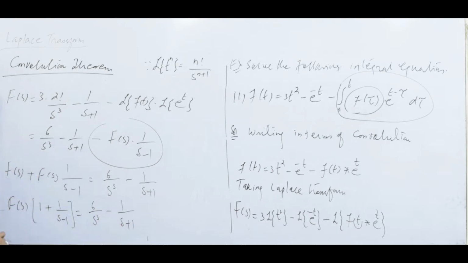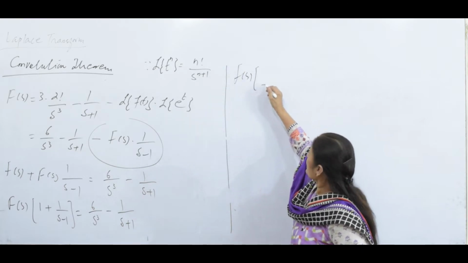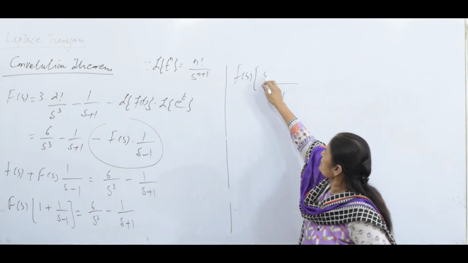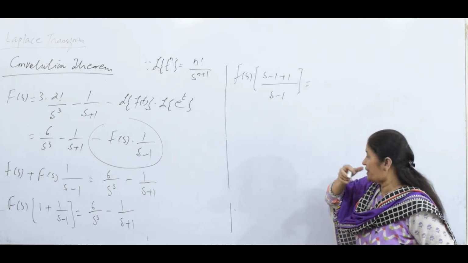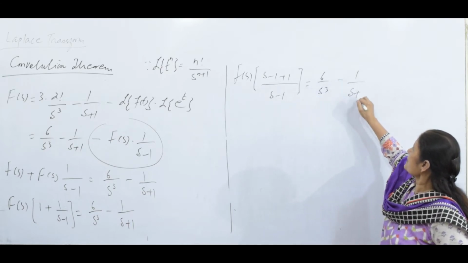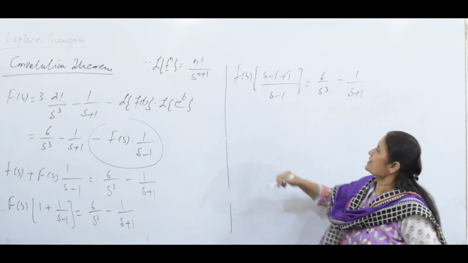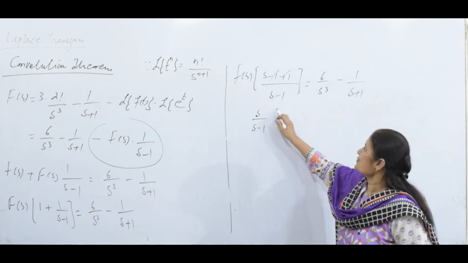So f of s as it is, this becomes s minus 1 LCM. This is s minus 1 plus 1 is equal to 6 over s cube minus 1 over s plus 1. This plus and minus 1 goes. You are left with s minus 1.